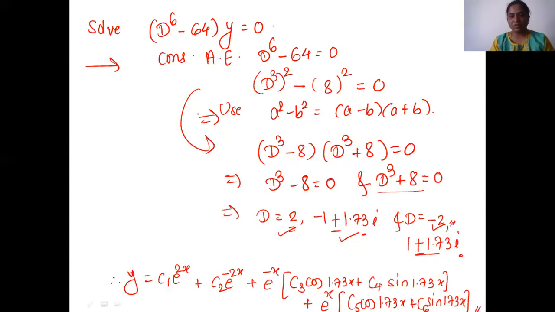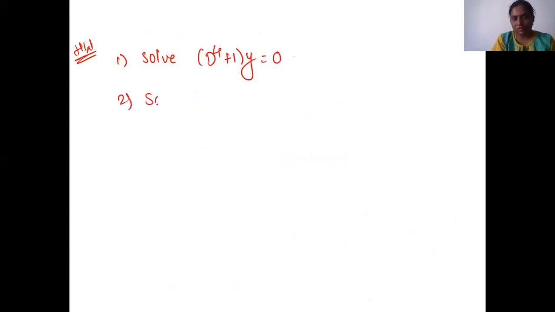Okay, I guess our time is over. Can you just write the homework? First, solve (D^4 + 1)y = 0. Second, solve (D^4 + 8D^2 + 16)y = 0.